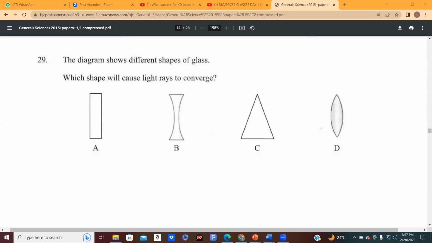This lens will cause the light rays to converge, and converge means to come together at a particular point. So D will cause the light rays to converge.